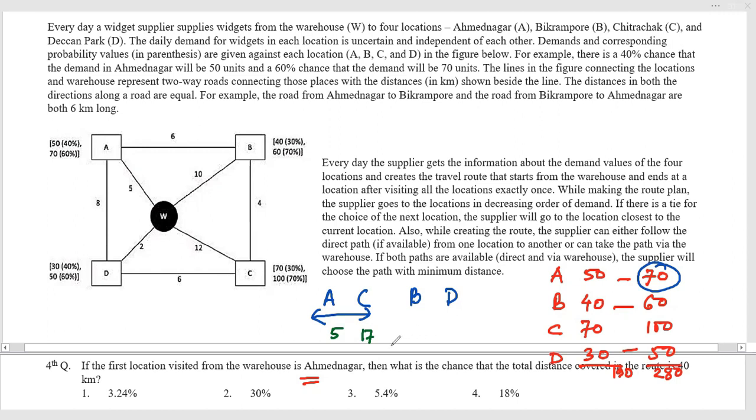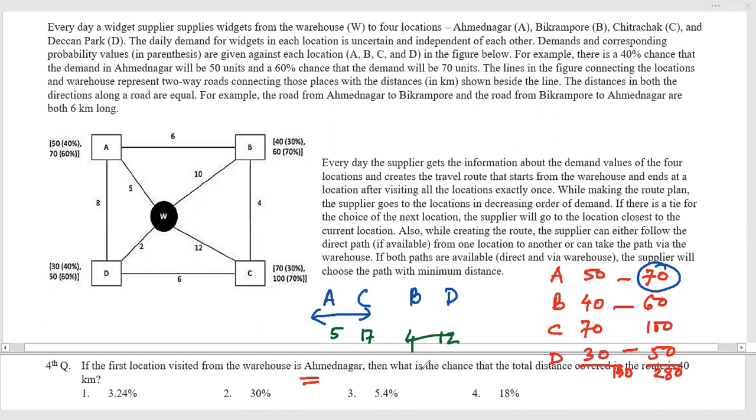If it is going BD, how much is it? C to B is 4, B to D is 12. It's coming as 16 kilometer after AC. So it should not be 18. So that's not the order.